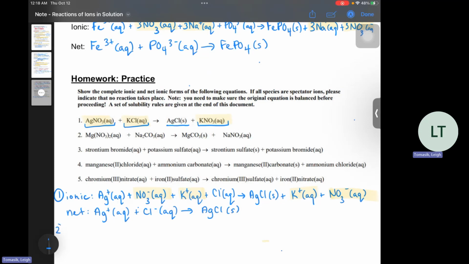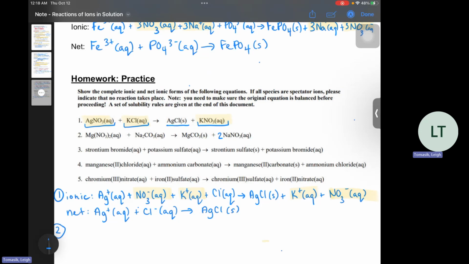Okay, question 2. We are given an equation. This one does not appear to be balanced. We have 2 sodiums on the left-hand side, but only 1 on the right-hand side. And we have 2 nitrates on the left-hand side.